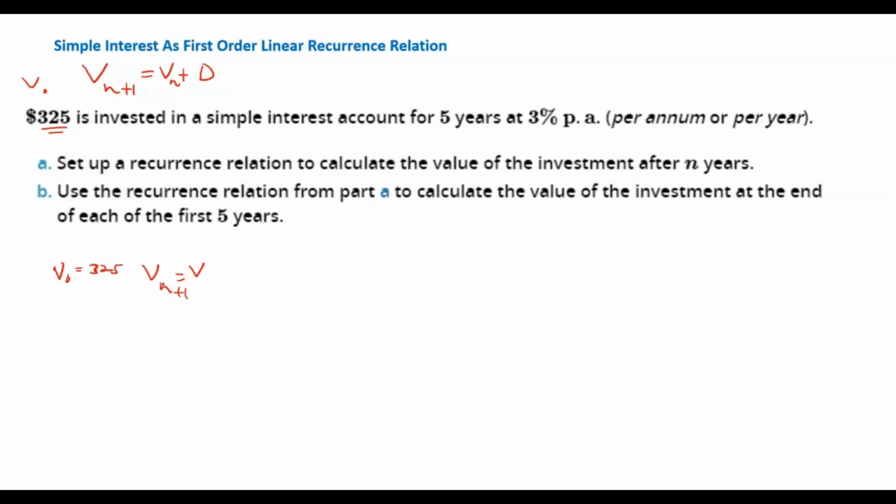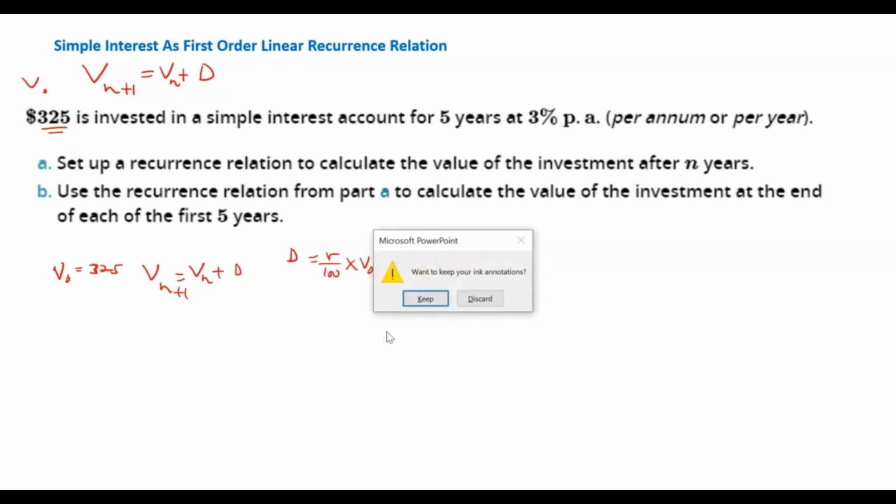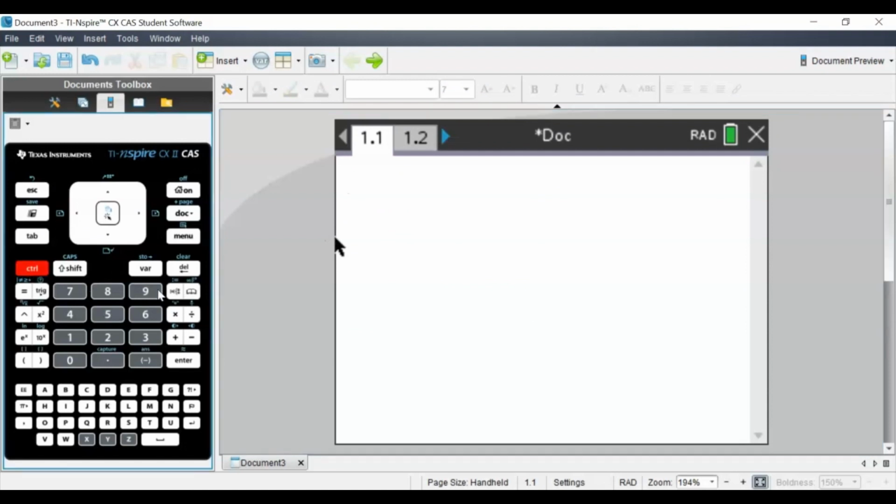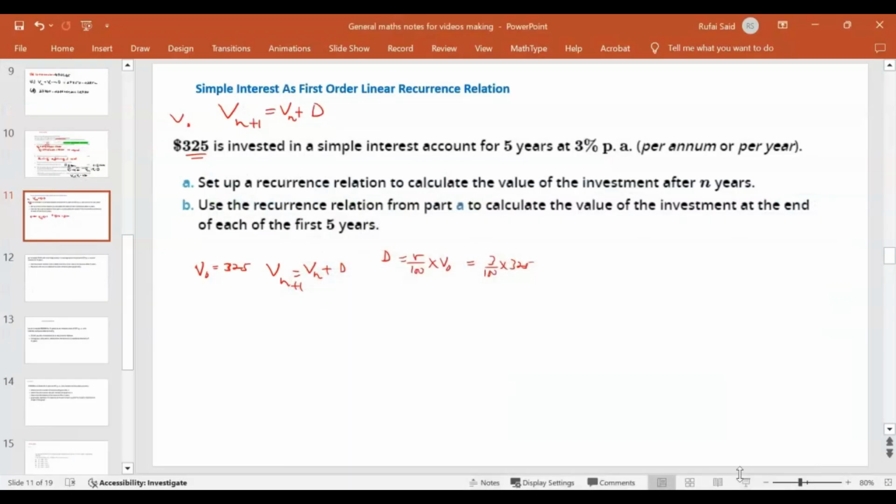So if I want to find the next term, it is the previous term plus the D. The D value is going to be R over 100 times V naught. So in this case, it's going to be 3 over 100 times 325, so this is going to be $9.75.